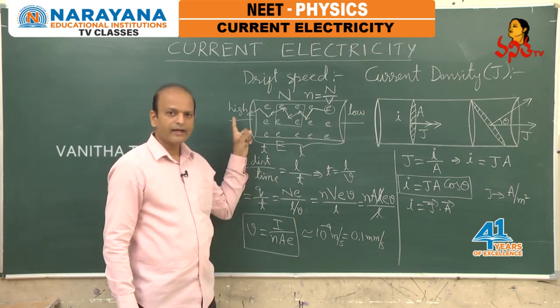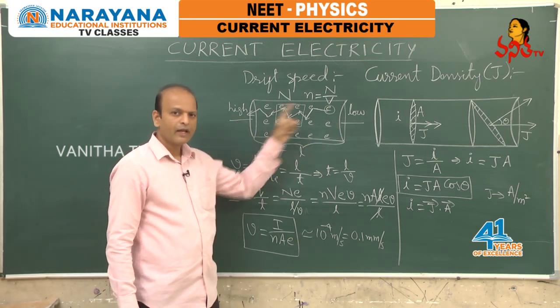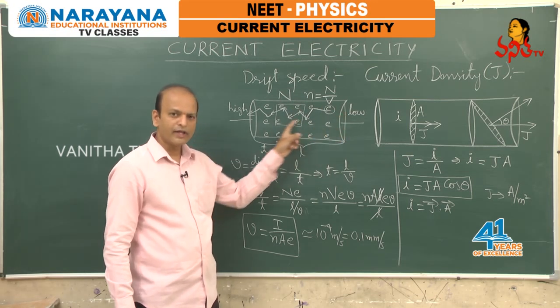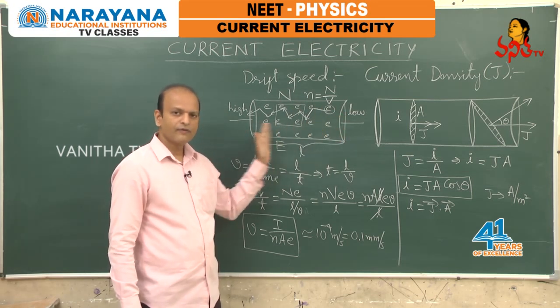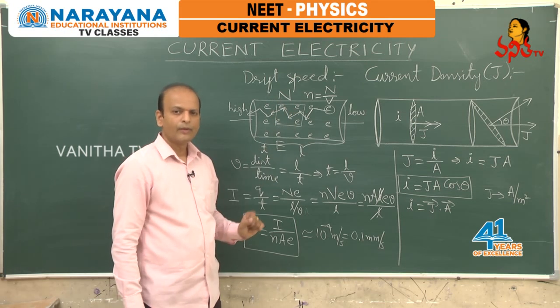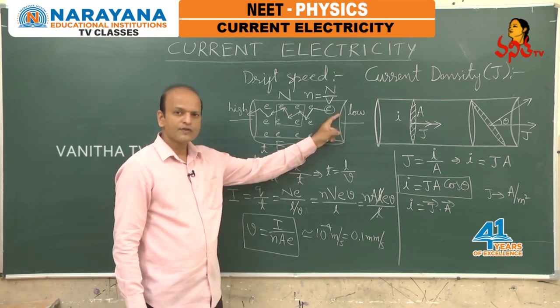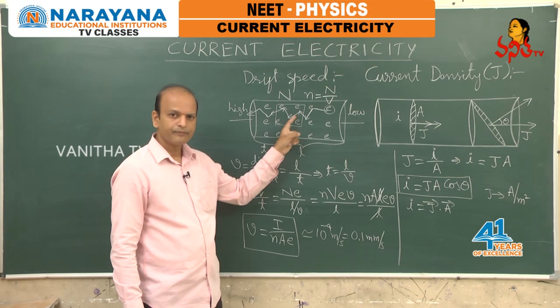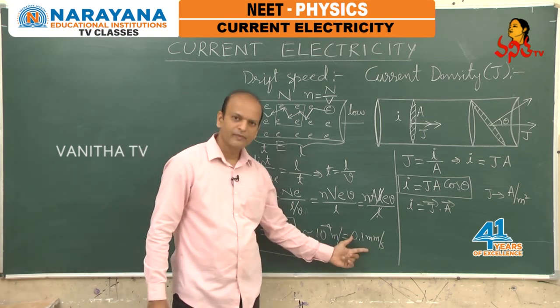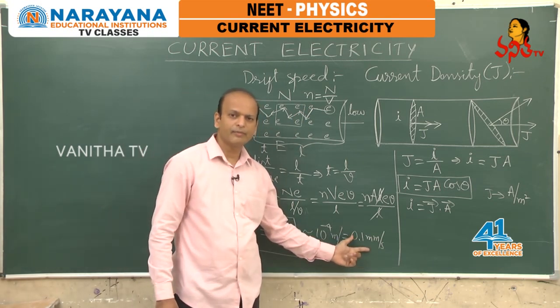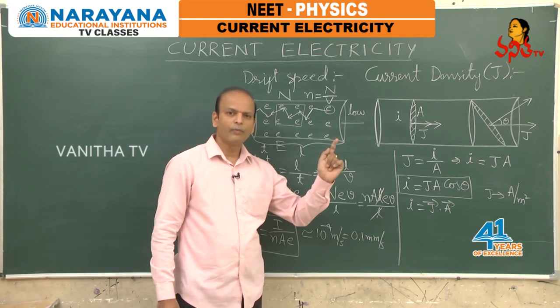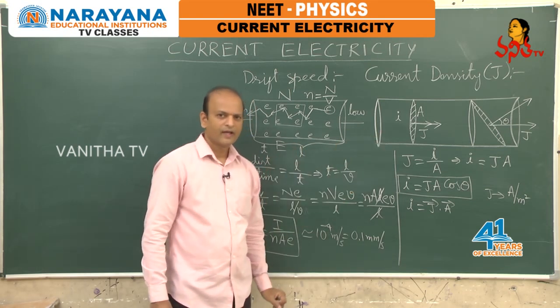Whenever current is passing through this conductor, electrons are flowing, that electron flow is forming the current, but the electrons move very slowly. With what speed? Nearly 0.1 millimeter per second. Every 1 second they will move 0.1 mm only.